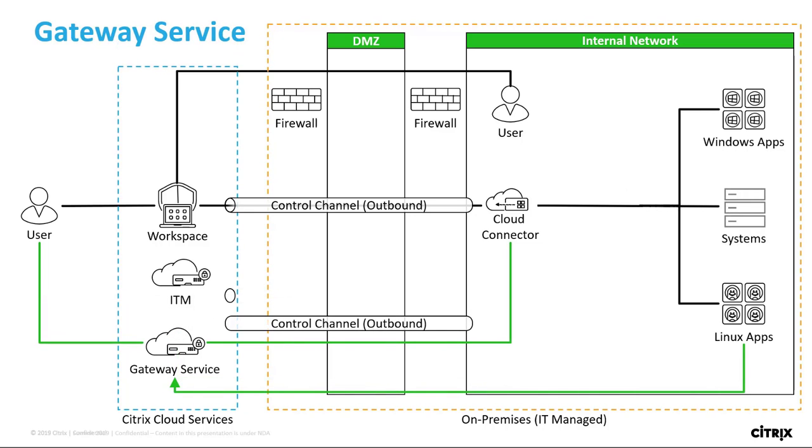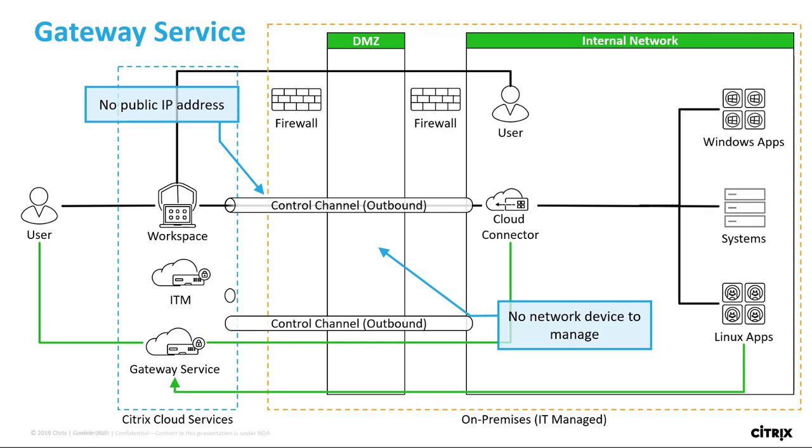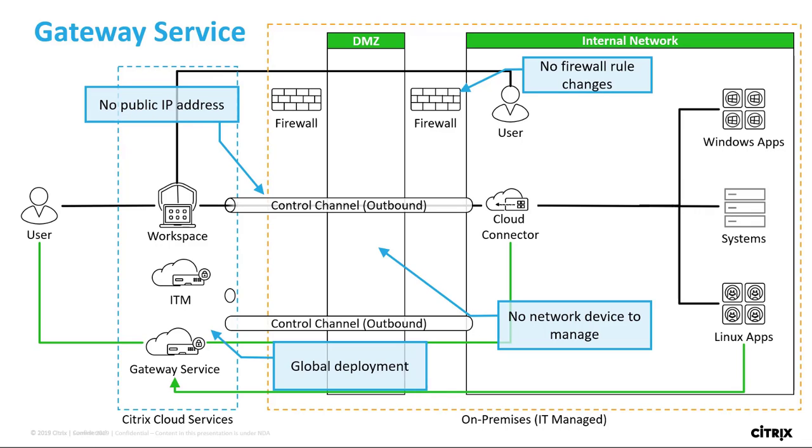So this solves our original challenge. Now we no longer have a network device to manage. This is taken over by Citrix. We no longer have the public IP address or the firewall rules or the need to maintain HA sites. Citrix manages this and provides POPs globally, which we'll talk more about.